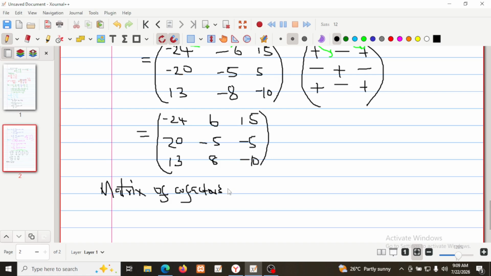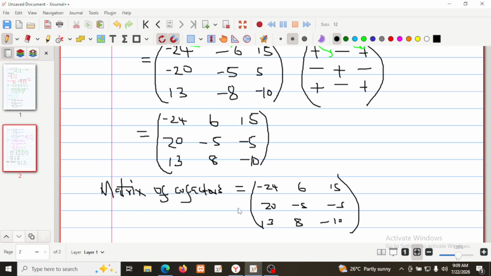So the matrix of the cofactors is this matrix now, negative 24, then we have 6, 15, 20, negative 5, negative 5, 13, 8, and negative 10. Yes, like that.